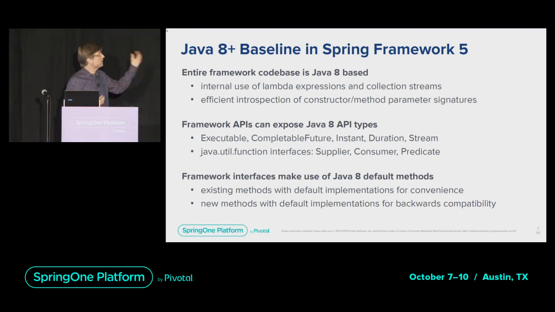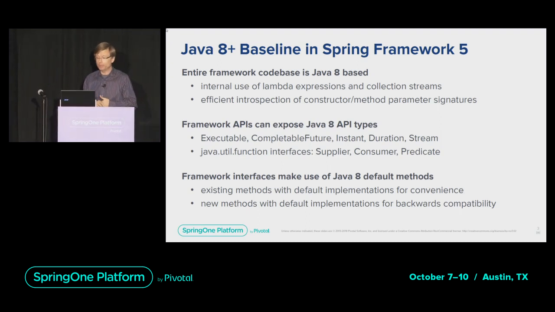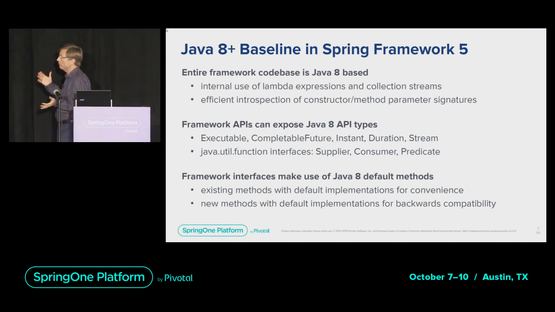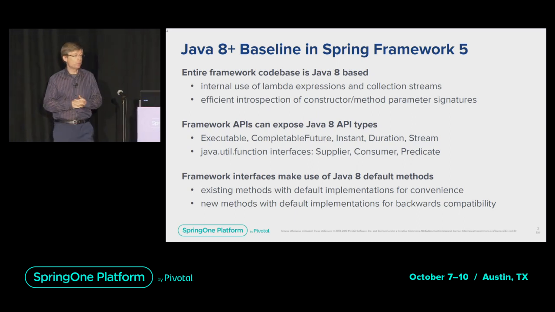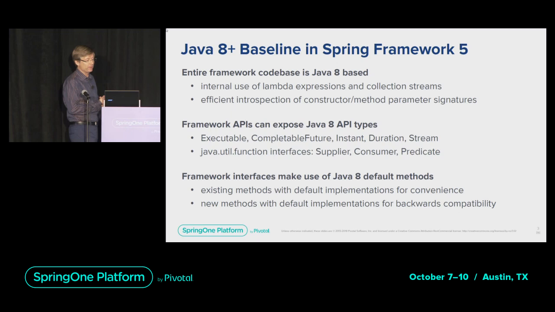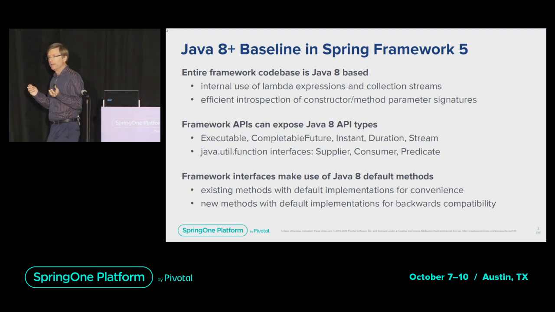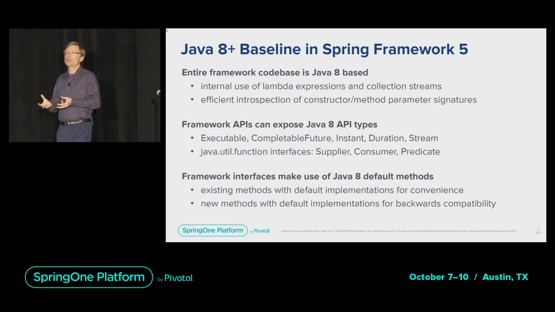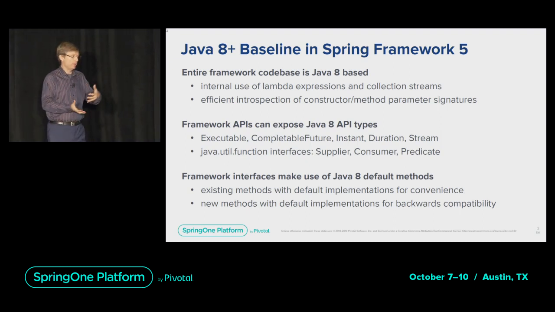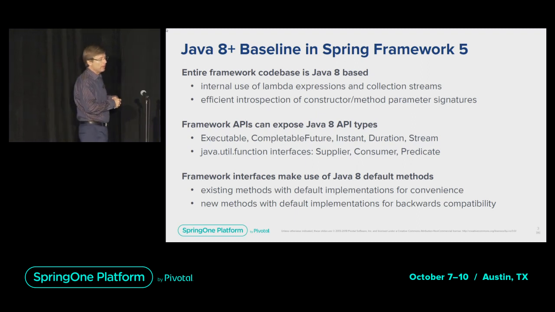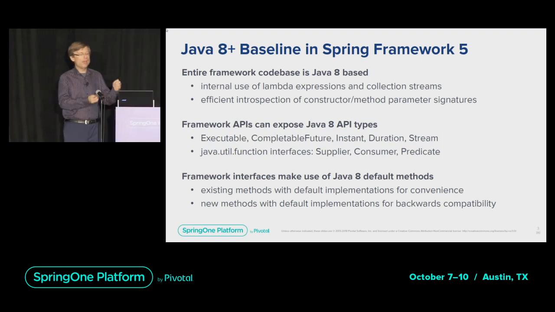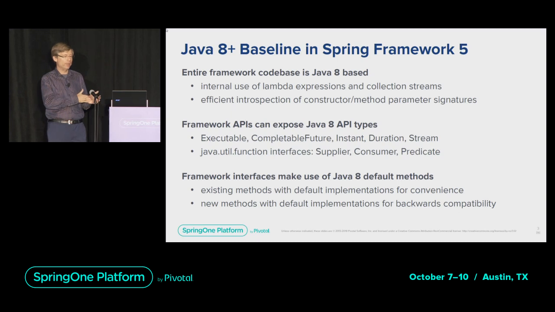All right, so this is essentially what we have been doing in 5.0 as an initial revision, and what we keep elaborating on in 5.1 and 5.2. Just a little bit of insight into what Java 8 enables here. It's not only the Java 8 language constructs. For framework providers, as we are, it's even more important that we have the core library level in Java 8 available to us.